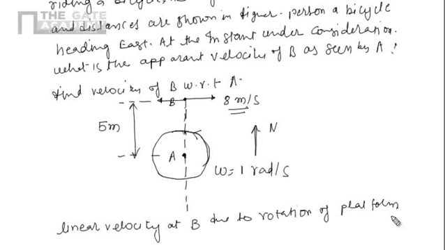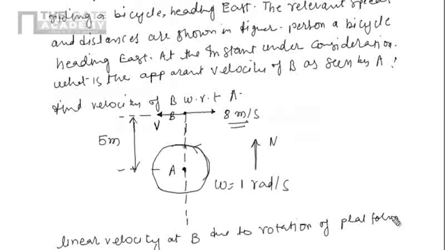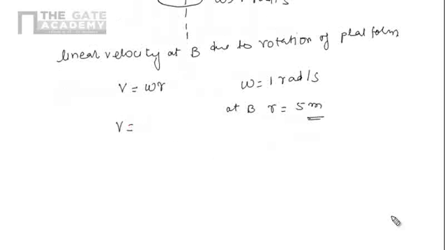I am drawing it here, suppose v. So v equals omega r. Omega is 1 radian per second, and at B, r is 5 meters as mentioned in the problem. So v equals 1 into 5, that is 5 meters per second. This is the linear velocity at B due to the rotation of the platform.